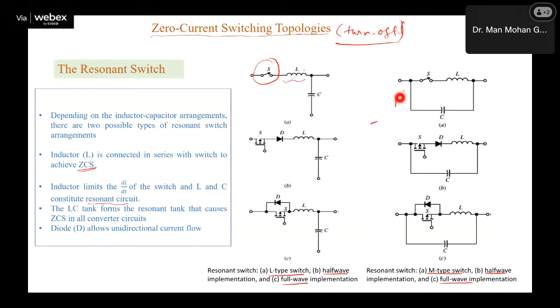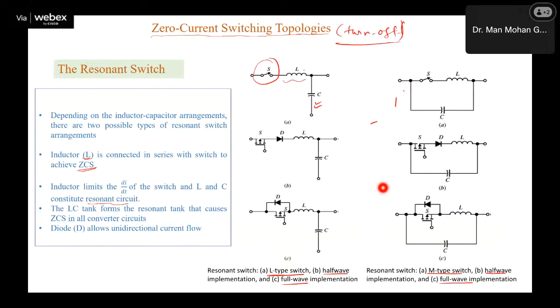Because it is a turn off process, the current is reducing, which means we are controlling di/dt. That's why we have to connect an inductor. But an inductor itself does not create a resonance, so we have to use at least one capacitor. So this will be the configuration.